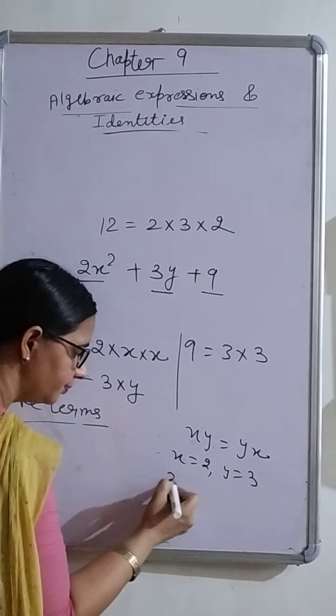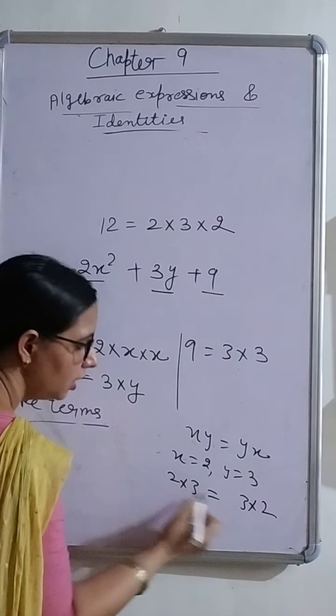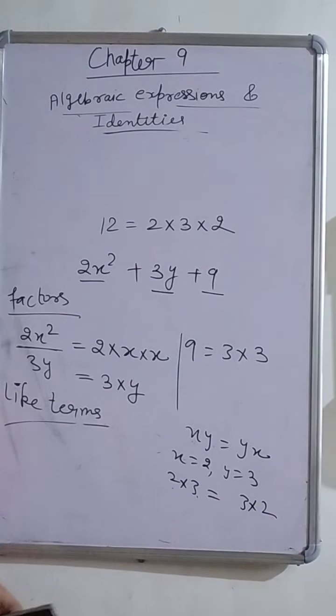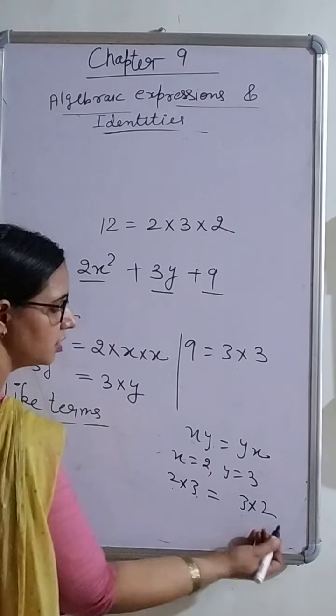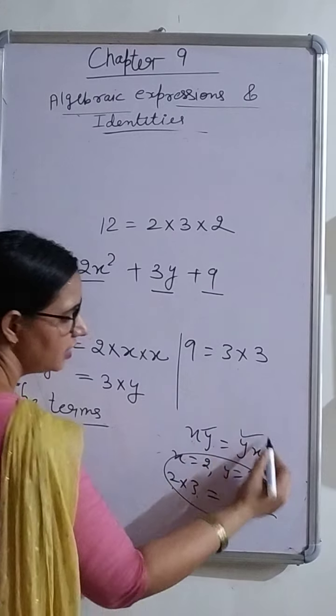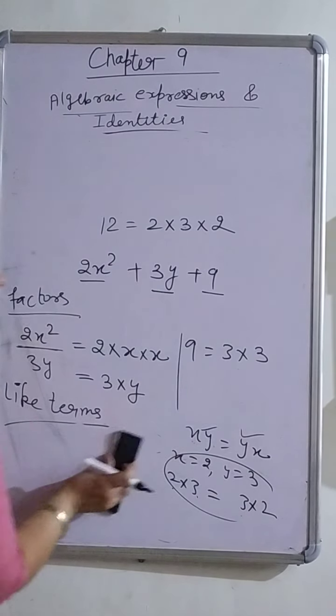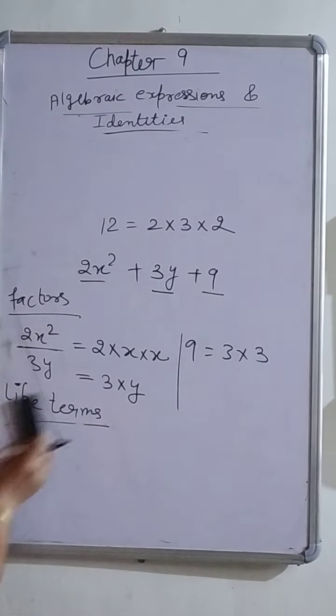Then xy is 2 into 3, yx is 3 into 2. 2 into 3 is 6, 3 into 2 is also 6. So both have the same value. So xy is equal to yx. So factors must be the same. Order doesn't matter.